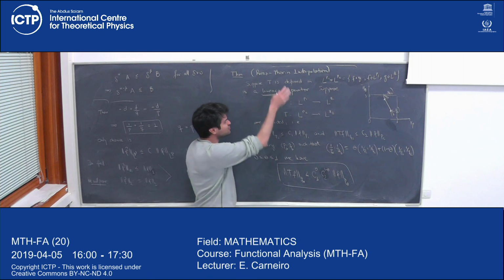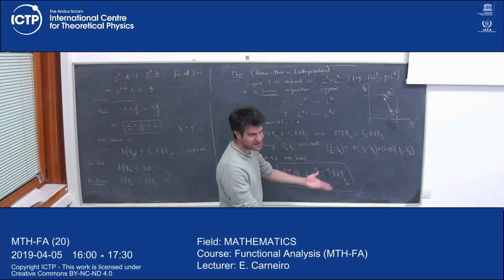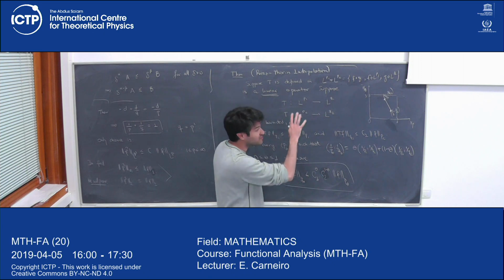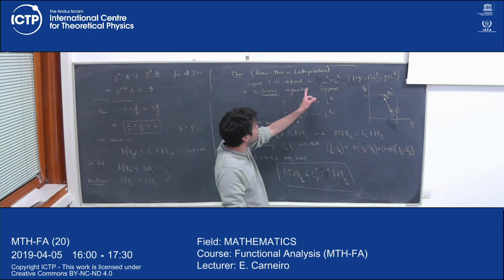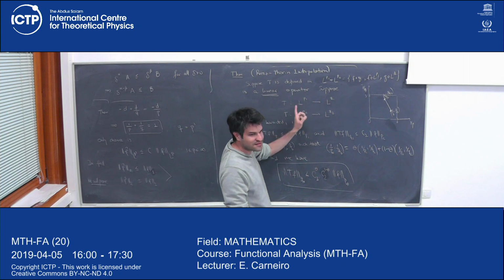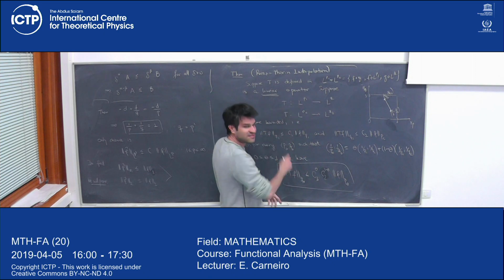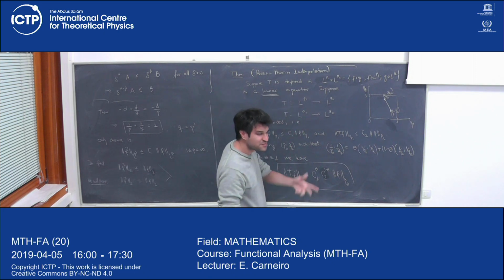I just want my operator to be defined everywhere that I use it. You should not worry too much, that's not the point of the theorem. Suppose that T is defined in LP1, and suppose that T is defined in LP2. You might ask why T is defined somewhere in the middle. In principle, you don't know.